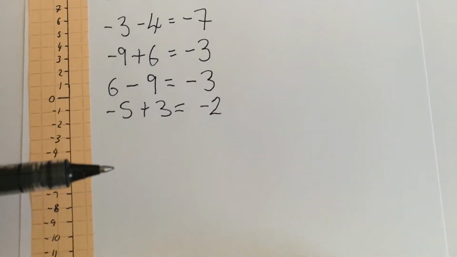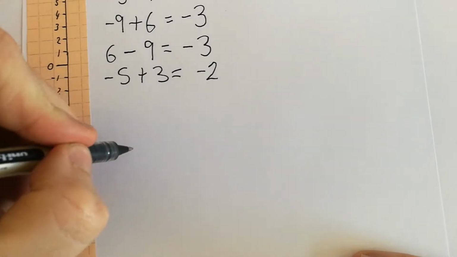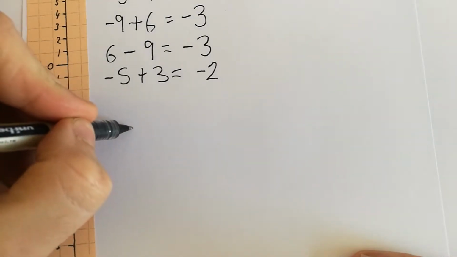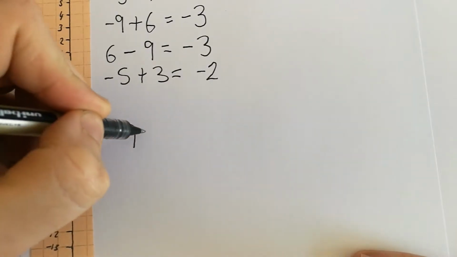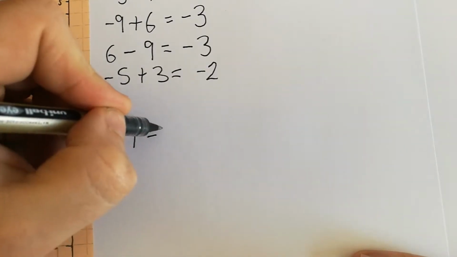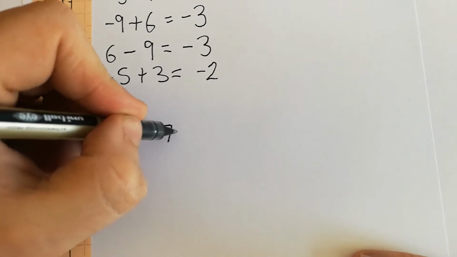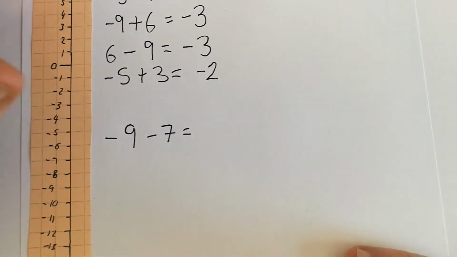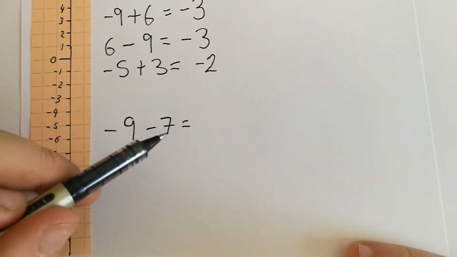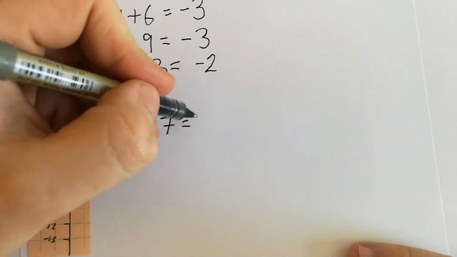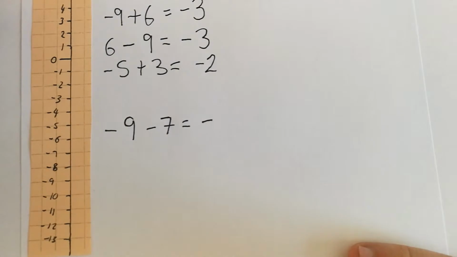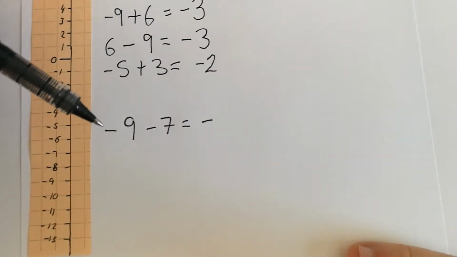So let's look at something like minus 9 minus 7. So minus 9 minus 7, well, we're 9 meters below water, we go down another 7. So we're still definitely underwater. So then we can work out it's negative. We then go, okay, what about our signs?